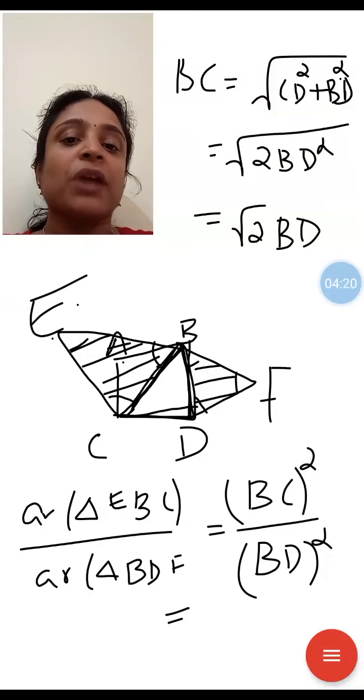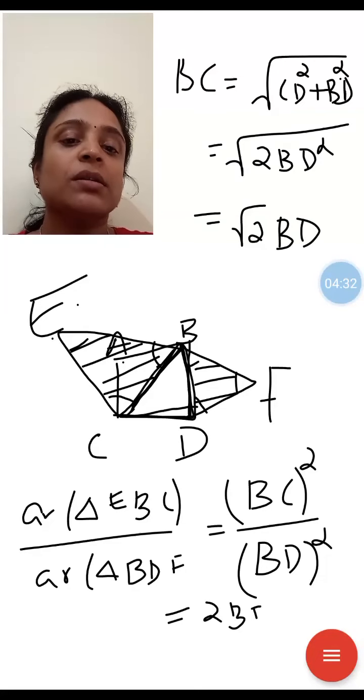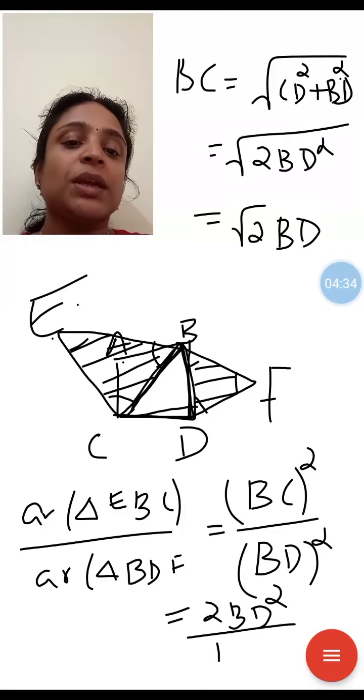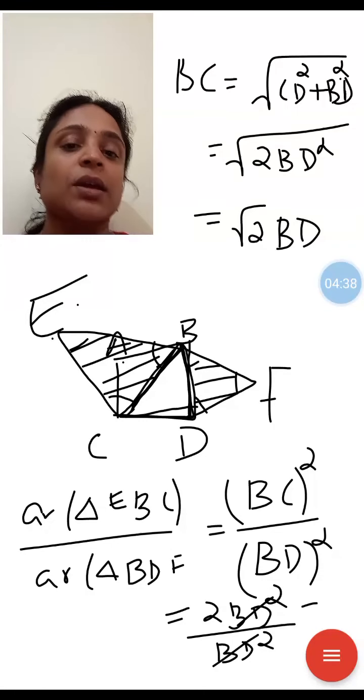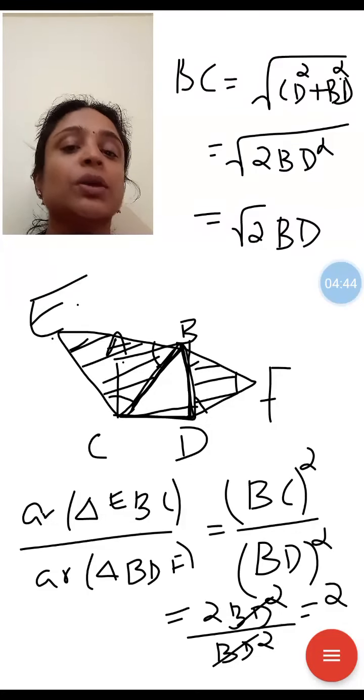So area of triangle EBC by area of triangle BDF equal to BC square by BD square, which is equal to root 2 BD the whole square, which is 2 BD square by BD square. BD square and BD square cancels. You will get area of triangle EBC by area of triangle BDF equal to 2.